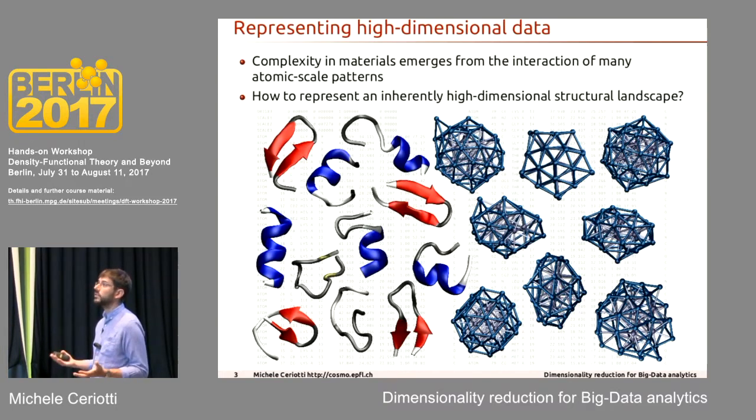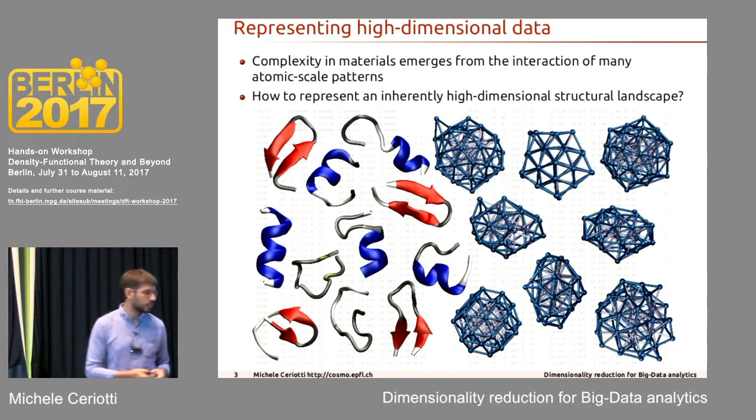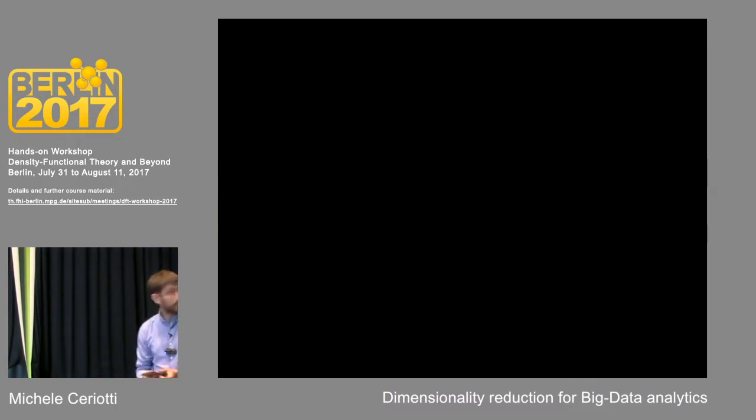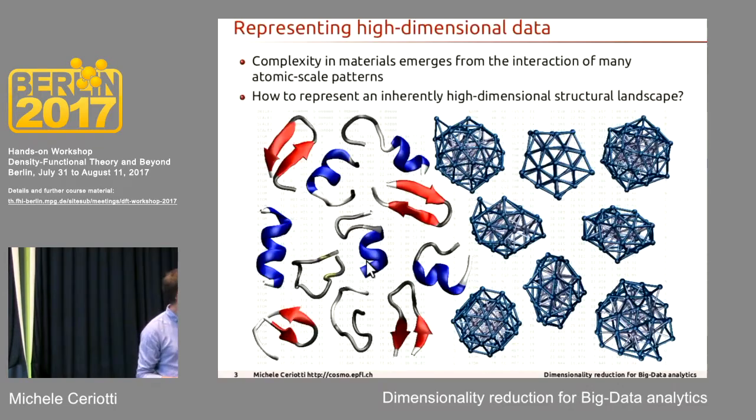And you can use the knowledge of this low-dimensional representation to simplify the quantitatively large amount of data points, just by exploiting the fact that you have knowledge of the low dimensionality of the data itself.